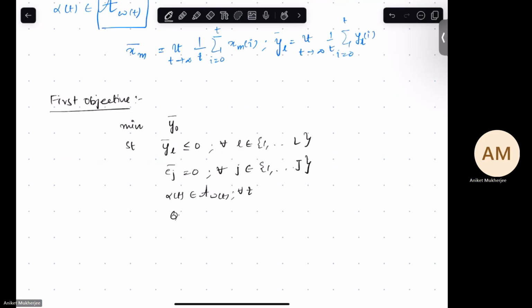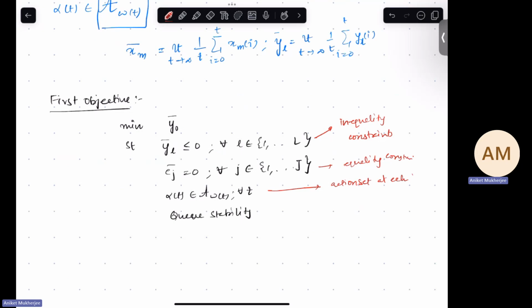And then Q stability. So these are your inequality constraints. These are your equality constraints. This is your action set at each time t. And then the Q stability.